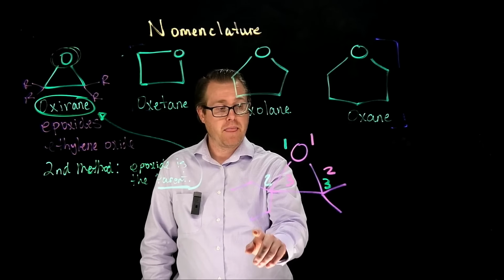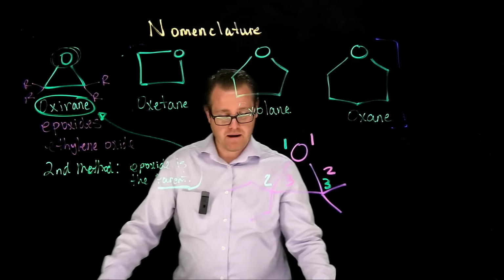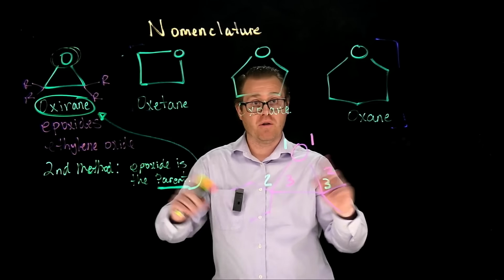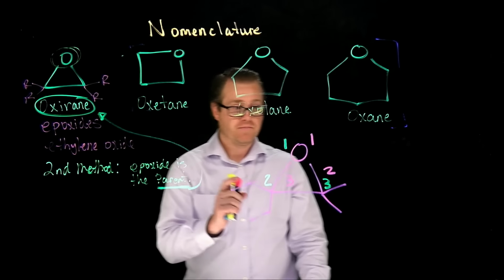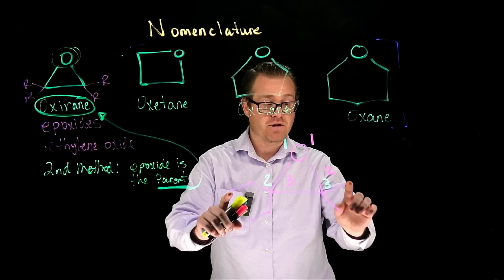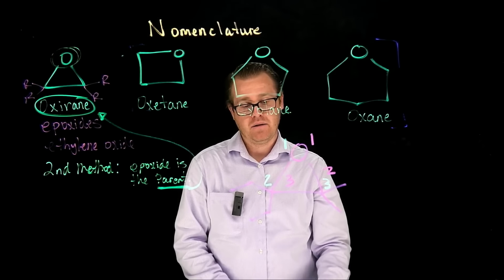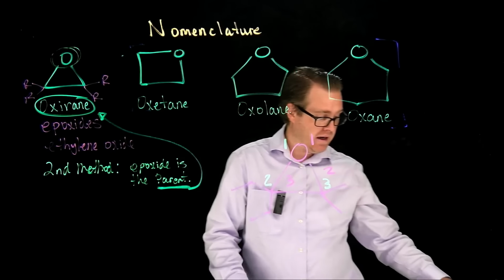All right. So now we have 2 R groups, so can we distinguish one over the other? No, well, now we have to take a closer look at the groups. And that's going to help us decide if we number this carbon 2 or carbon 3.